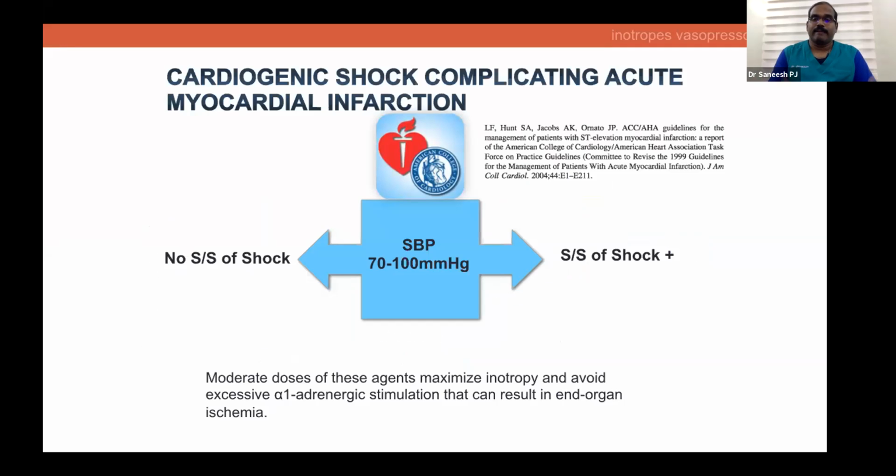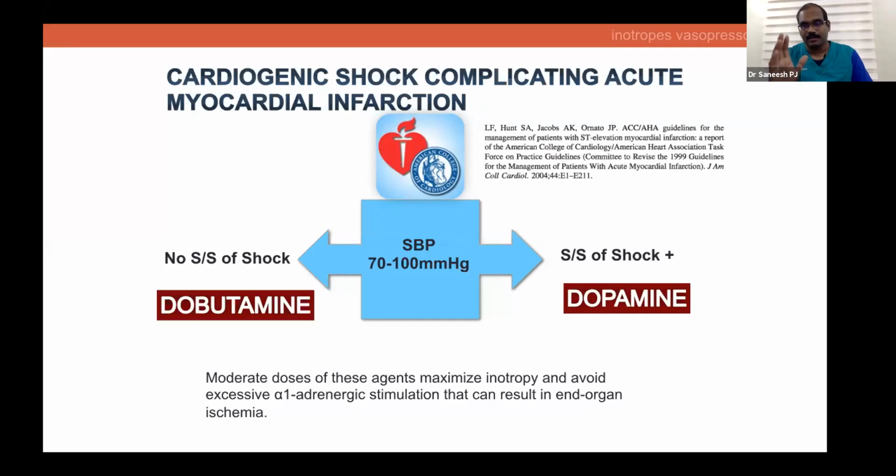So we go to the recommendations. See the AHA, American College of Cardiology recommendations. In a case of cardiogenic shock, say systolic blood pressure varies from 70 to 100 millimeters of mercury. The recommendation is when there are no signs and symptoms of shock, you can choose dobutamine. It seems to be a good rational choice. But if there are signs and symptoms of shock, your choice switches to dopamine.